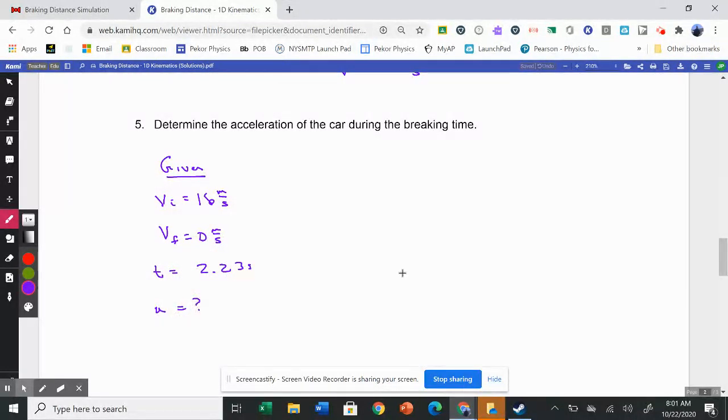And we're looking for the acceleration. So with this given information, I would use vf equals vi plus at. 0 meters per second equals 16 meters per second plus a times 2.23 seconds. a would turn out to be negative 7.2 meters per second squared.